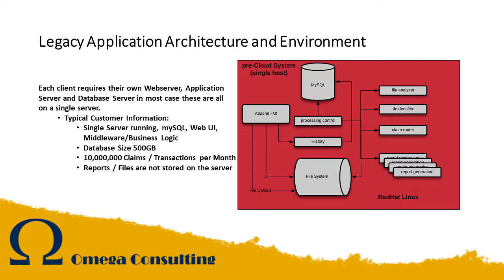There are 10 million claims per month, and the reports that are generated are not stored on the actual server because there are so many. It is a case by case, per customer choice, and Travis will go into this too. It was one of the reasons why they wanted to switch to the cloud: the saving of the reports.